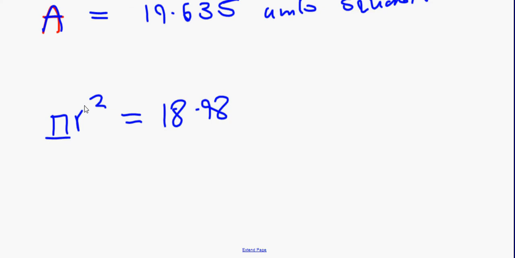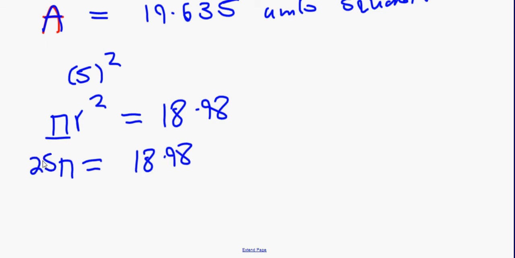We know that the radius is 5 squared, which is 25. Oh, sorry, it's a quarter pi r squared. Excuse me, it's a quarter pi r squared.